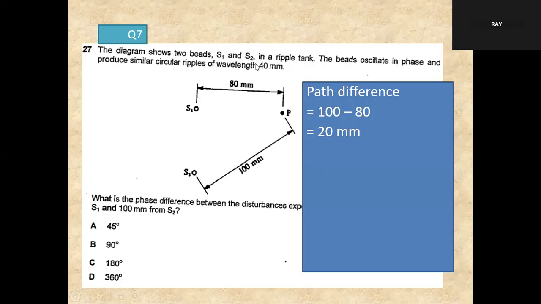The wavelength is 40. So it's 0.5 wavelength. So it's destructive interference again. So it's 180 degrees out of phase.